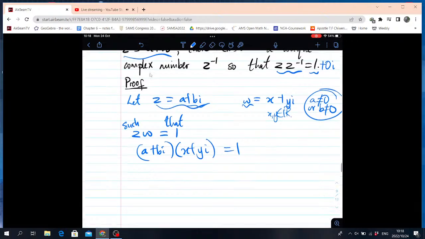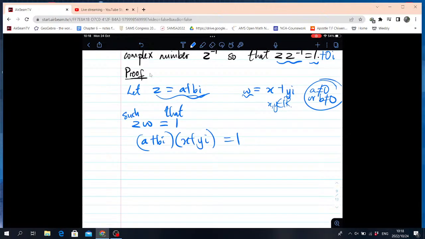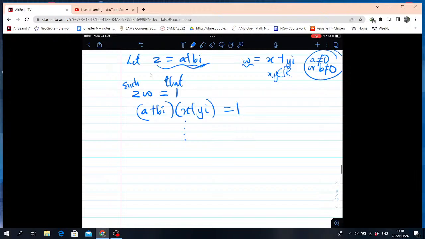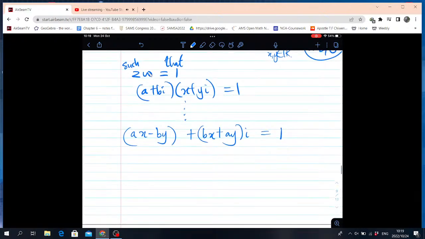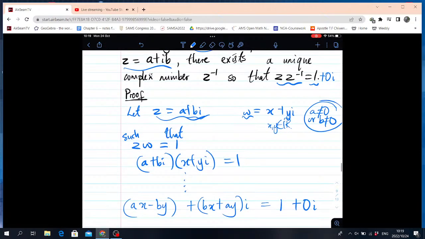And if we do that, then we end up with (a plus bi)(x plus yi) equal to 1. If we do the calculation, we've got ax minus by plus (bx plus ay)i is equal to 1. But 1 can be written as 1 plus 0i, as I mentioned here.